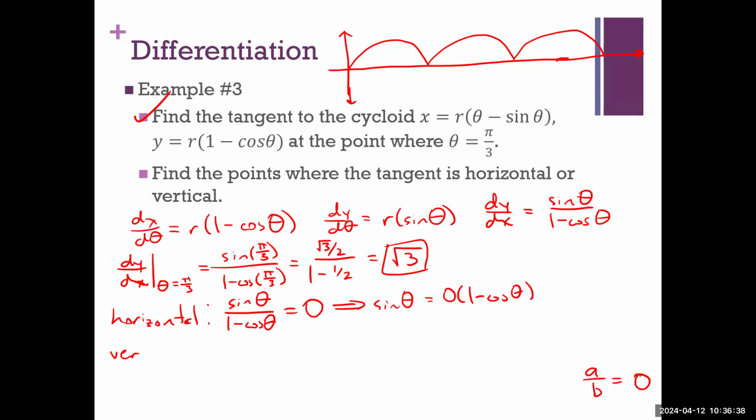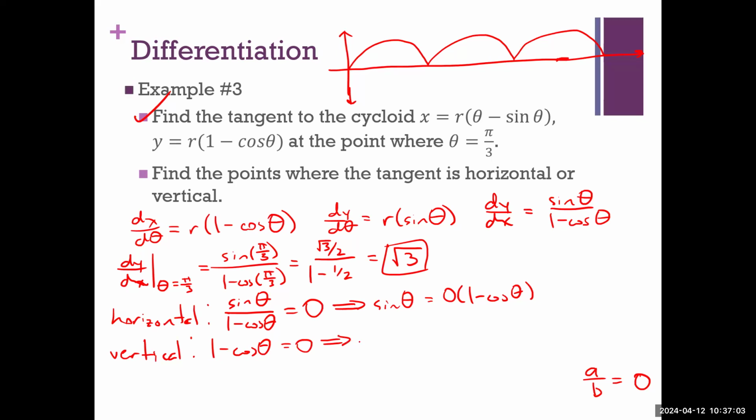So because of that, what should we check for? We need to look at that anyway, because that is going to give us where we have vertical tangents. So where does 1 minus cosine theta equal 0?